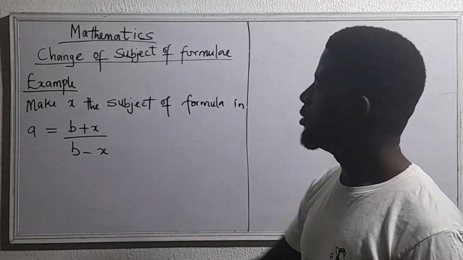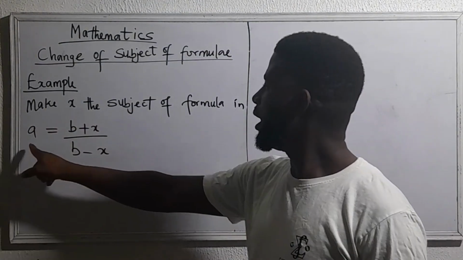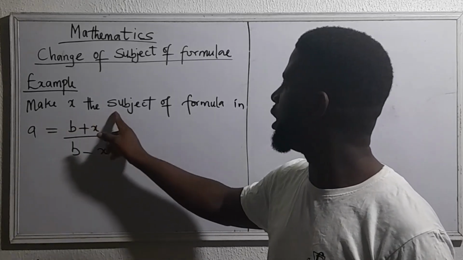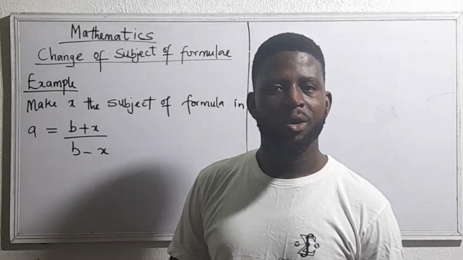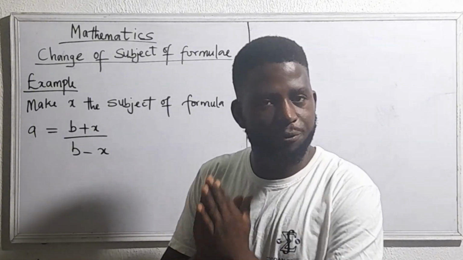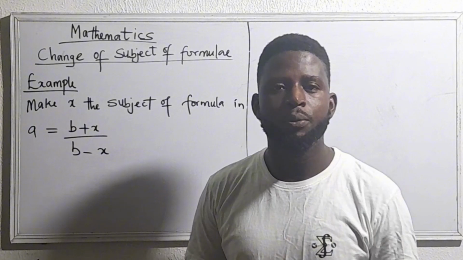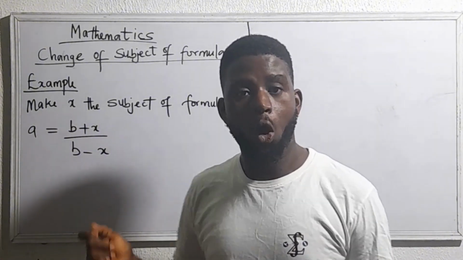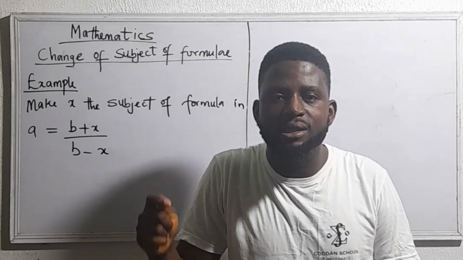Another example: make x the subject of the formula in a equals b plus x over b minus x. Of course, whenever we see any equation with a fraction, like I taught in our last class, the first thing to do is to find the LCM of all the terms. Then you multiply all terms by the LCM.